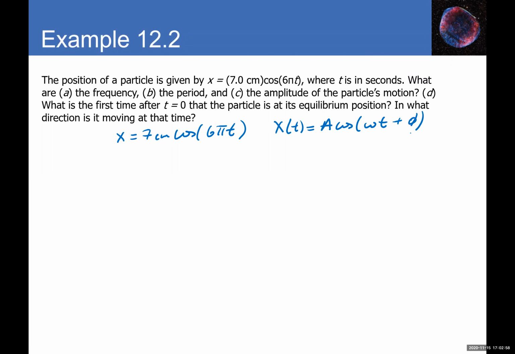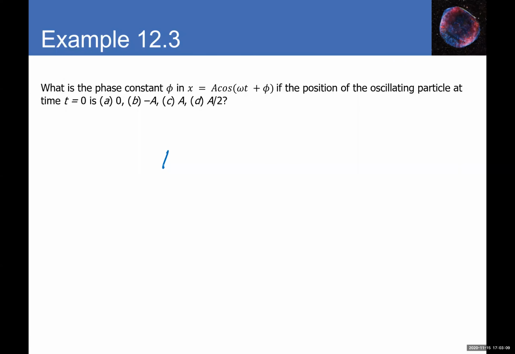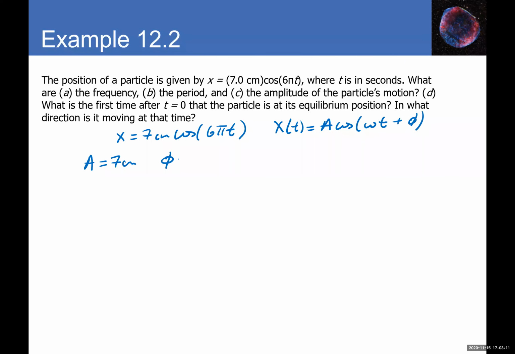If I'm comparing directly, I can see that my A is equal to 7 centimeters, my phi here is 0, and my omega is the coefficient in front of t, which is 6 pi. Okay, so those we are directly reading from the function that we were given by comparing to the general equation.